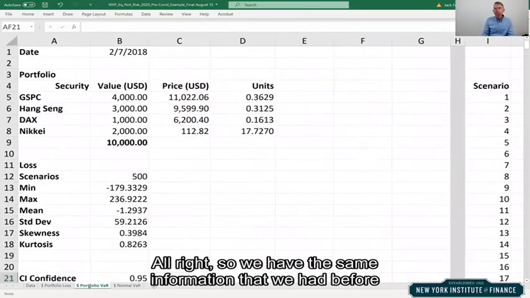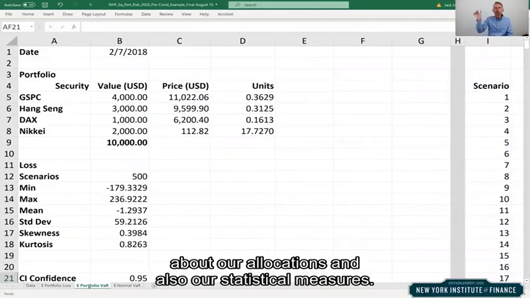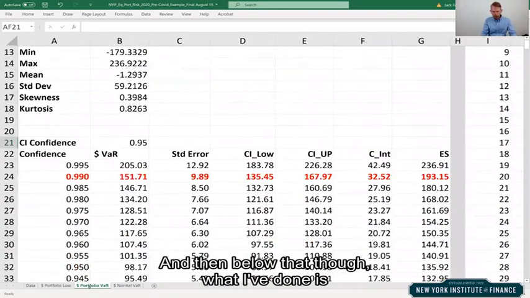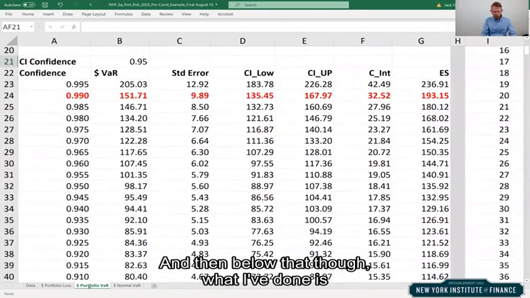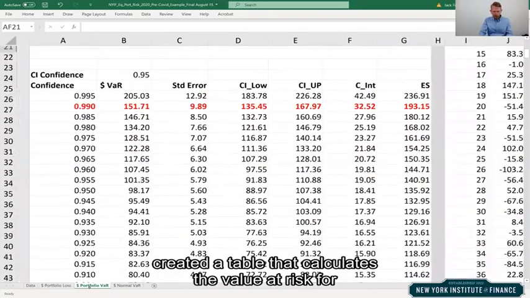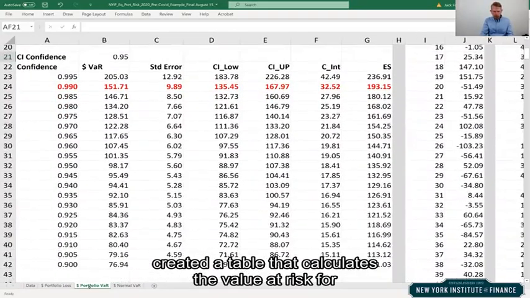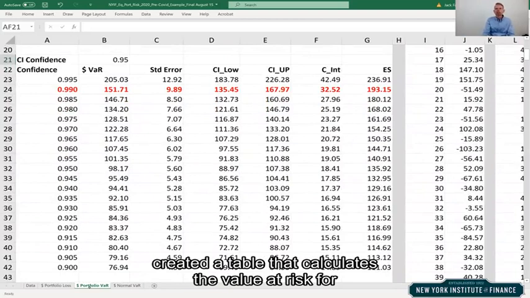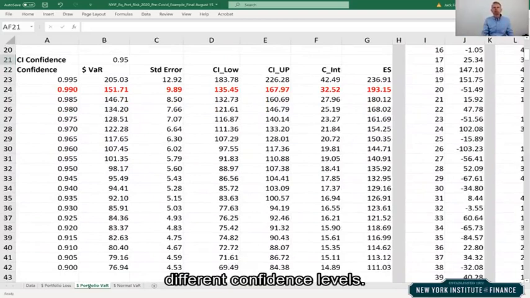All right, so we have the same information that we had before about our allocations and also our statistical measures. And then below that, what I've done is created a table that calculates the value at risk for different confidence levels.